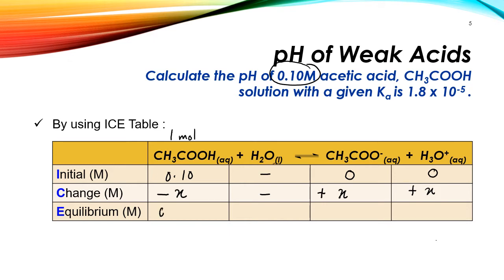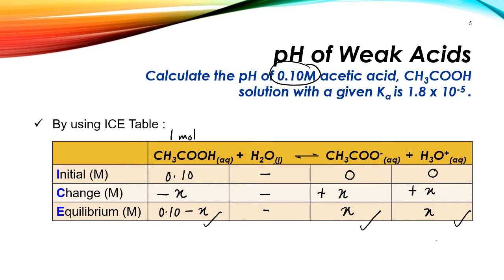That is 0.10 molar, the initial concentration of the acetic acid, minus the change in concentration, which is X. Water is not counted in the reaction, but for the ion CH3COO-, that is 0 plus X, equals X. H3O+ is 0 plus X, which is also equal to X. So this is what we have at the end of the reaction.